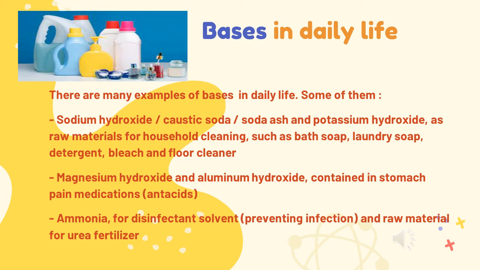The second, magnesium hydroxide and aluminum hydroxide contained in stomach pain medication or antacid, and then ammonia for disinfectant solvent or preventing infection, and as raw material for urea fertilizer.